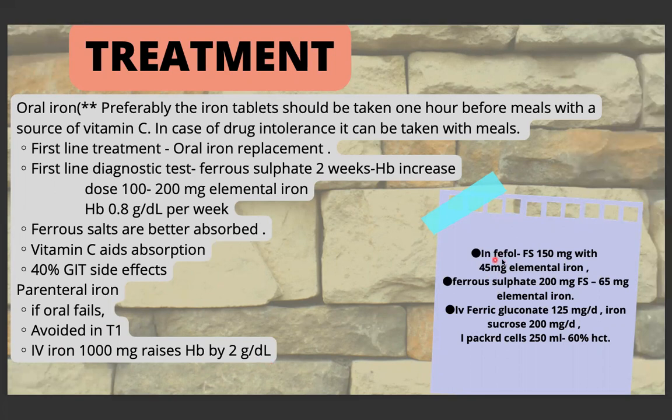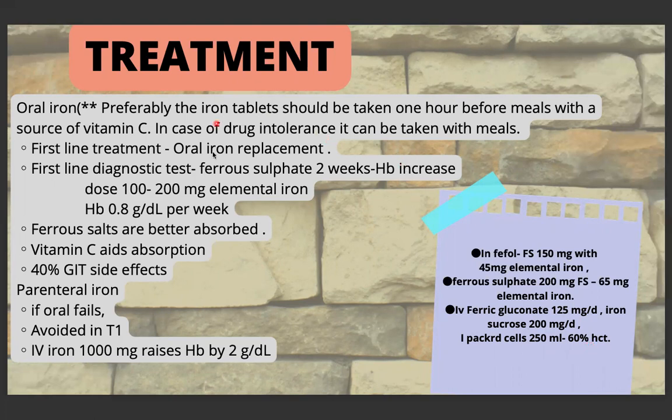Just a note that FeFOL, the iron is 150 milligram with 45 milligram elemental iron, ferrous sulfate 200 milligram, 65 milligram elemental iron, ferric gluconate 125 milligram, iron sucrose 200 milligram, one packed cell 250 mL can increase 60% hematocrit.